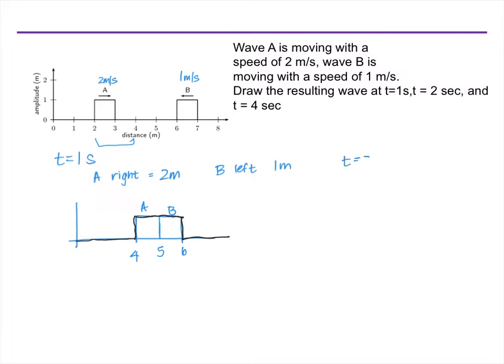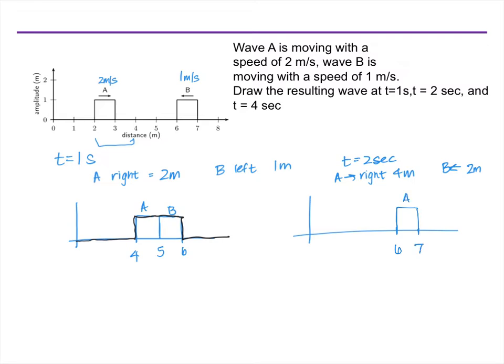So at t equals 2 seconds, A will have moved to the right. In 2 seconds, it'll go 4 meters, and B will move to the left 2 meters. And so A went 4 meters in the 2 seconds, so it would have moved from 2 to 6. So this is where A is.